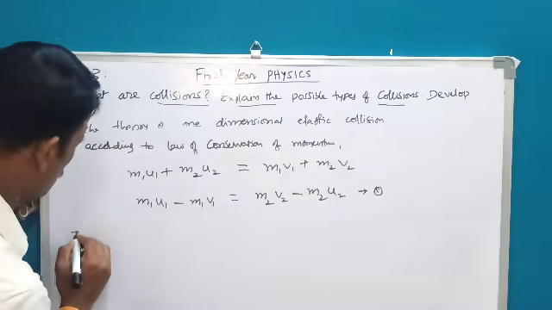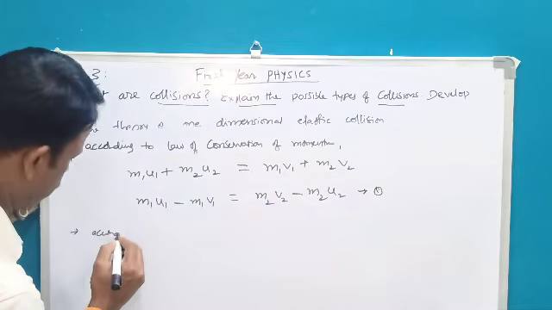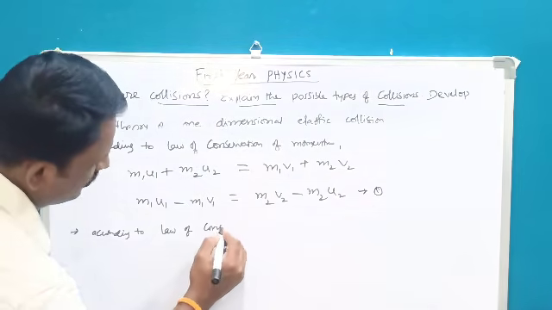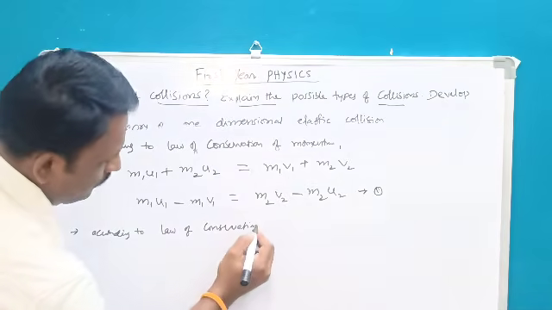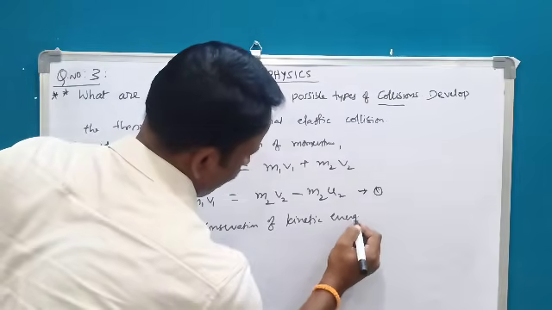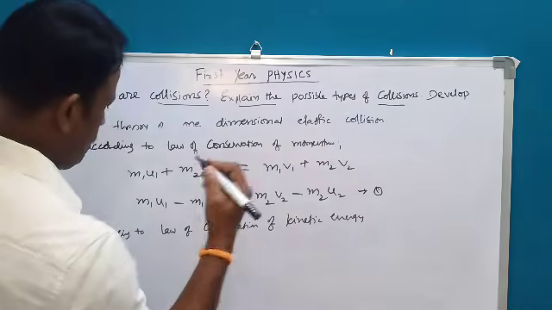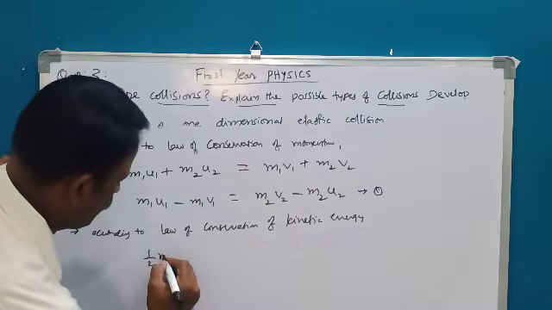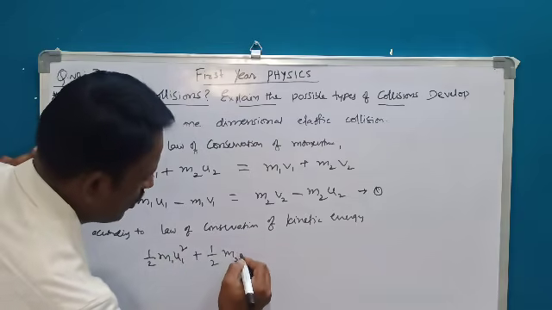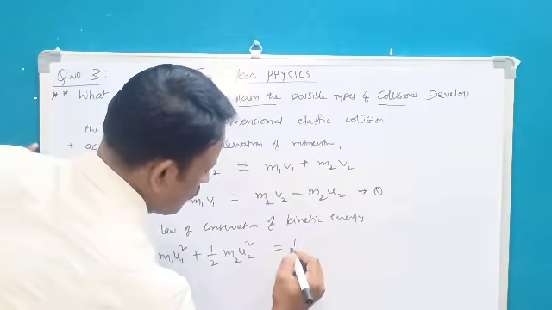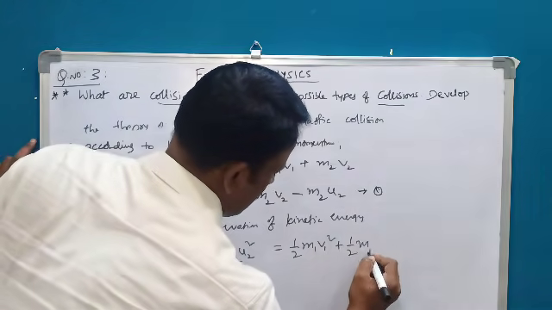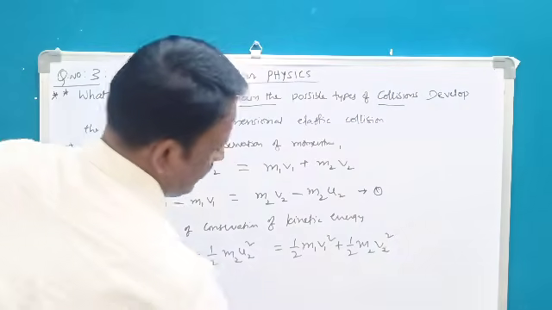And according to the law of conservation of kinetic energy, the kinetic energy formula we know: half m1 u1 square plus half m2 u2 square is equal to half m1 v1 square plus half m2 v2 square.